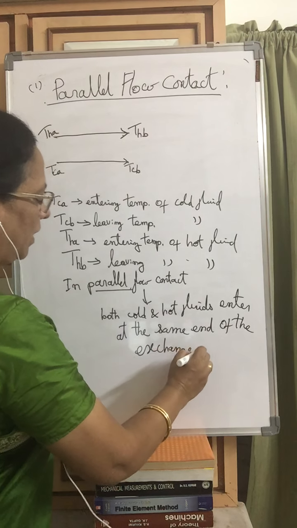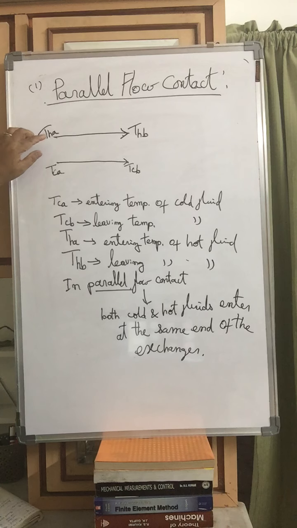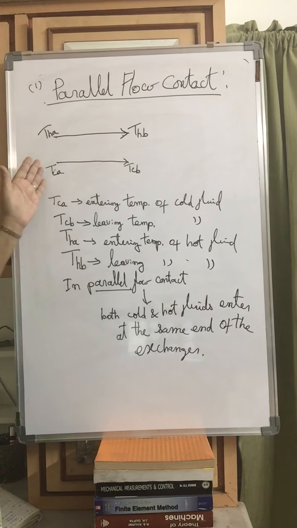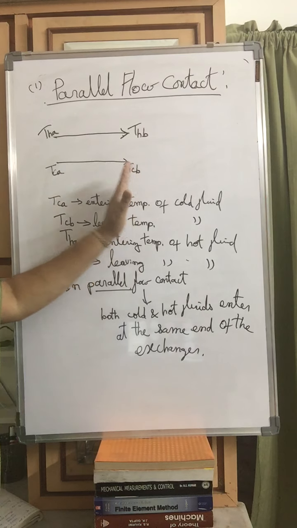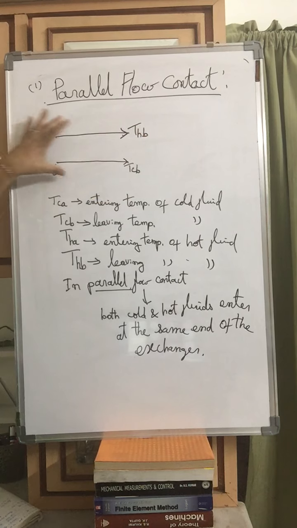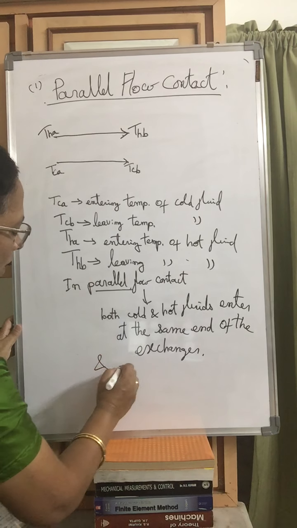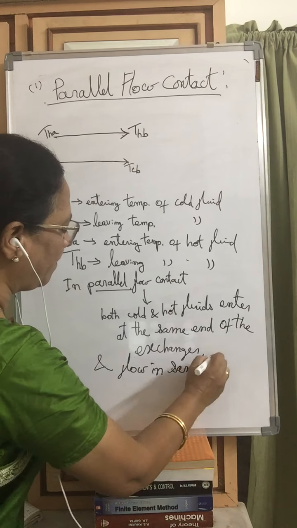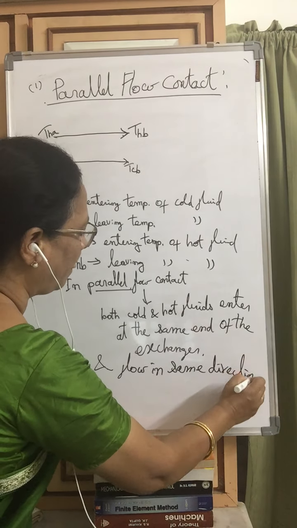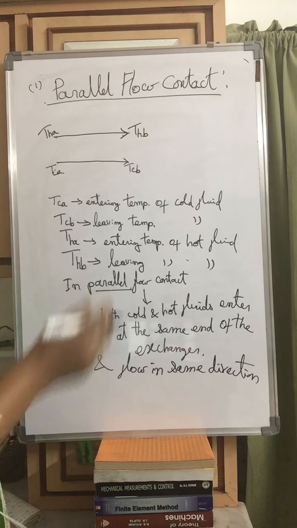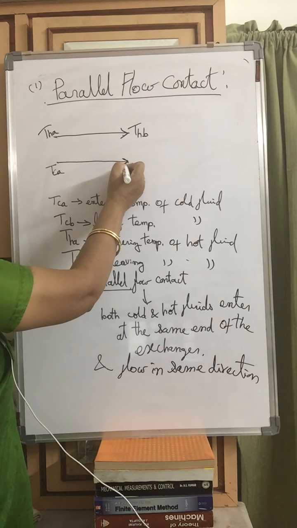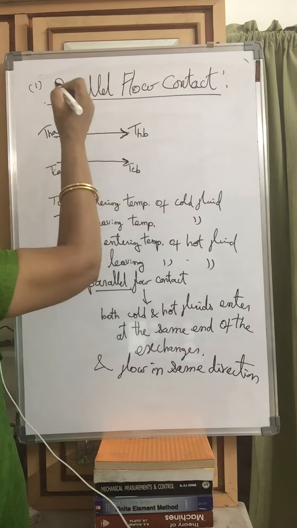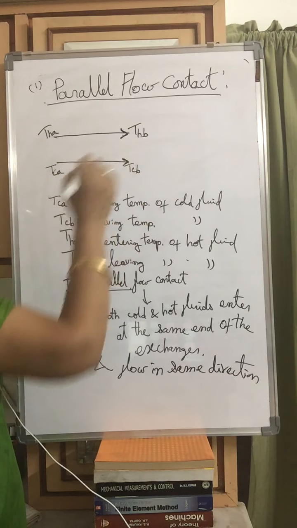This is the parallel flow contact. The end where hot fluid is entering, cold fluid is also entering at the same end. Both enter here and flow in the same direction. The arrow mark indicates direction of flow. So both are flowing in the same direction.